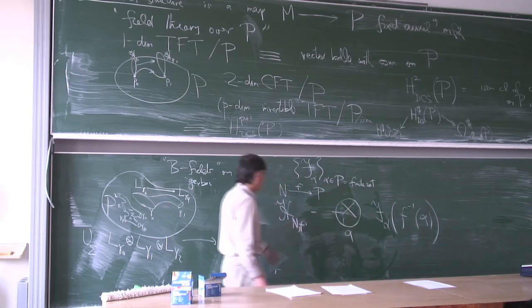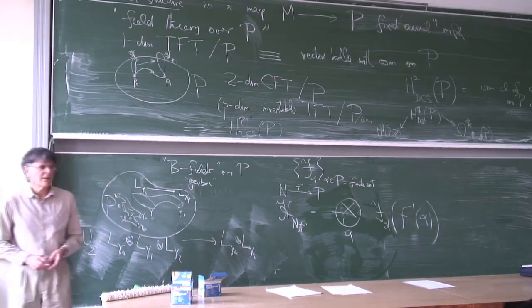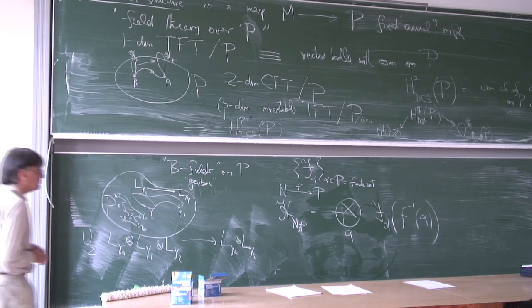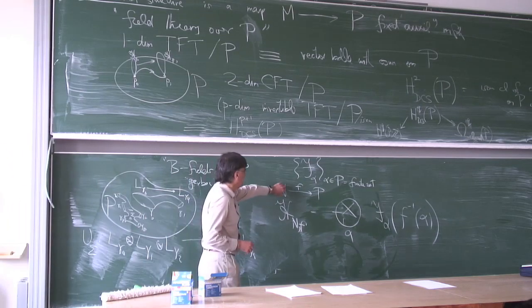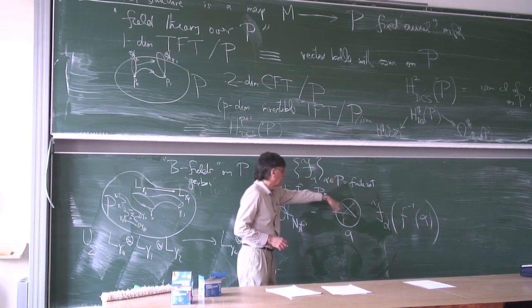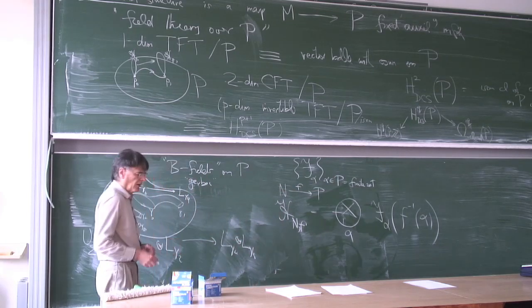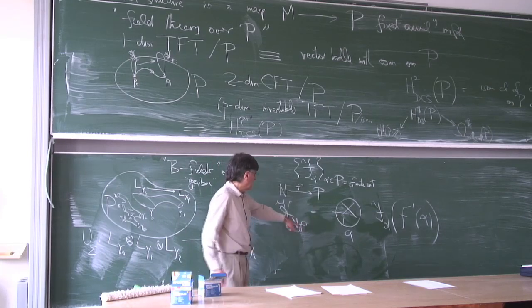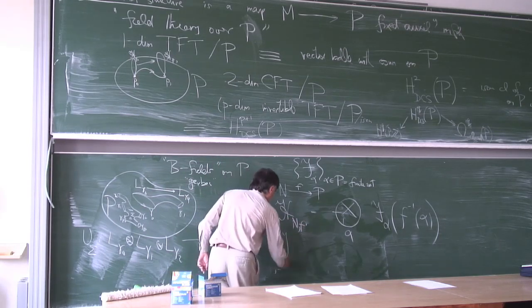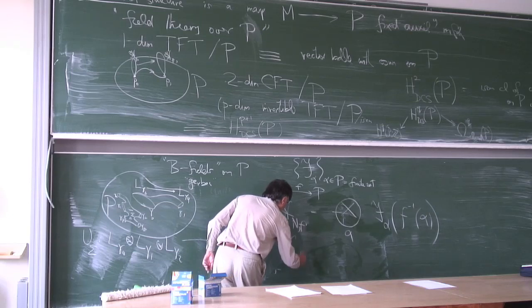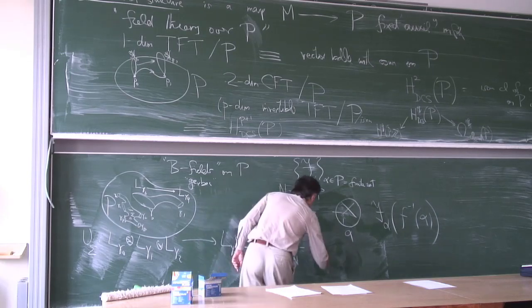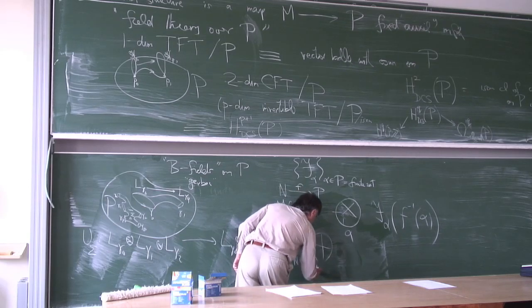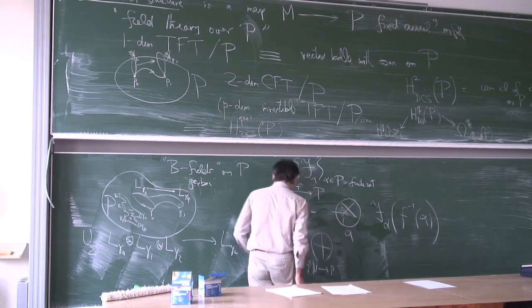The different components of alpha are indexed with this tensor together. Now we can integrate over all these fields. So a sum will define a total theory, which will just be the direct sum over all maps into P.